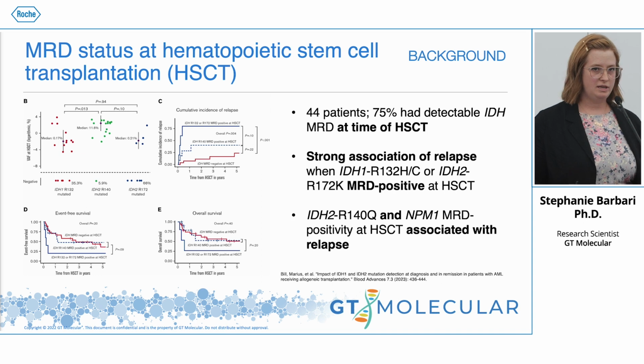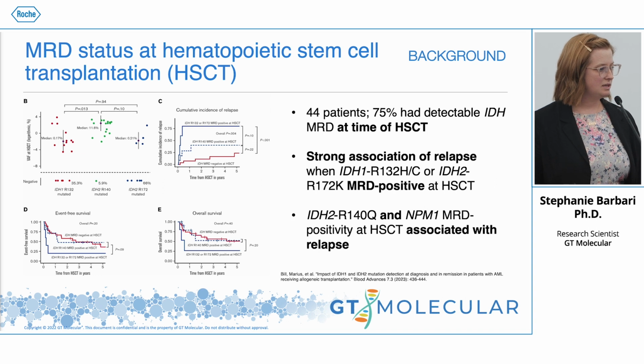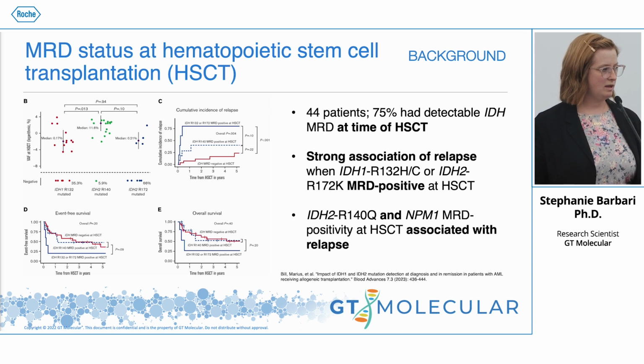Another great utility of using this panel in a MRD setting is looking at MRD status at the time of hematopoietic stem cell transplantation. This study was published last year as well, where they looked at the MRD status of a patient before transplantation and compared that to either recurrence or survival.